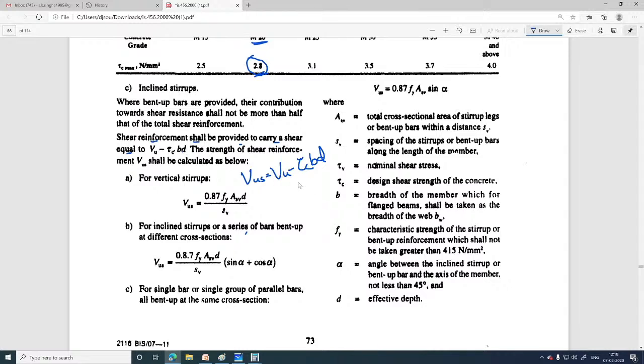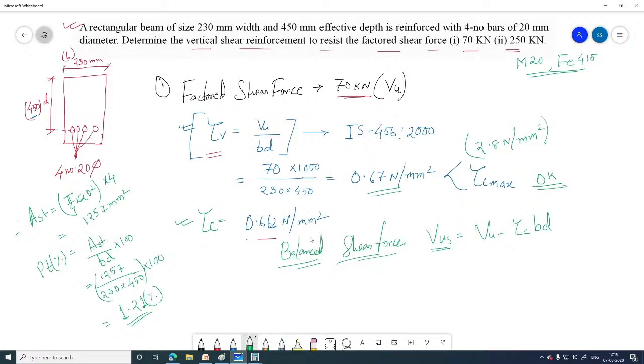So we know all the values: the value of VU we already know, tau c is already determined, and B and D values are also known. So if we put the values we can get the VUS, and that particular VUS we will put in this particular formula, and then we will get this SV. Okay, so let's determine what is the value of VUS first. So VUS equals VU.